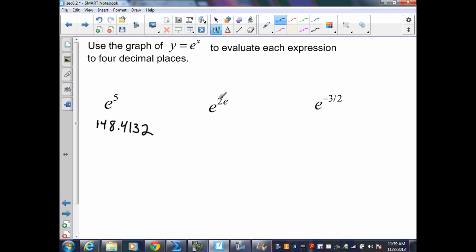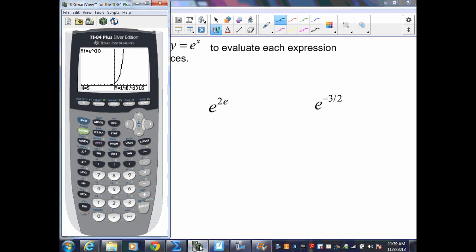Let's continue. We have e to the 2e. And I want to press second trace, which is calculate a value again, number 1. And I have e to the x in for y. And all I need to do is pick out what my x is. And here it is 2e. So I'm going to press 2, second, ln, which is going to give me e.